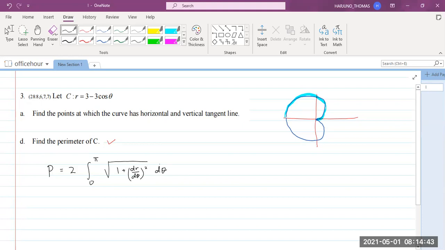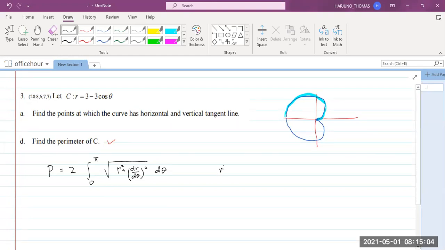I think this is not the formula. I think it's r squared here. Is it right? I think so, yes. And then just plug in numbers. So I need to do a big setup first.